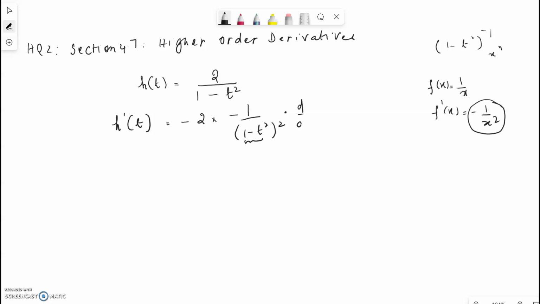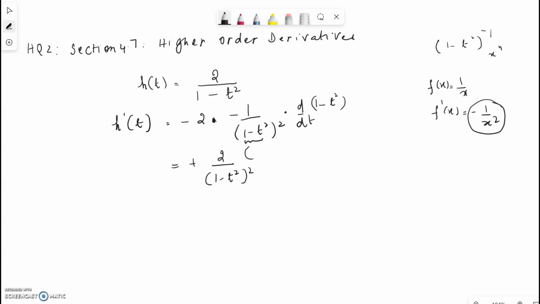But remember, the inner function is not an x, it's a 1 over x. So we go d by dt of the inner function 1 minus t squared. So since these two are multiplied, the negative and the negative make a positive. So that's a positive 2 over 1 minus t squared the whole squared.